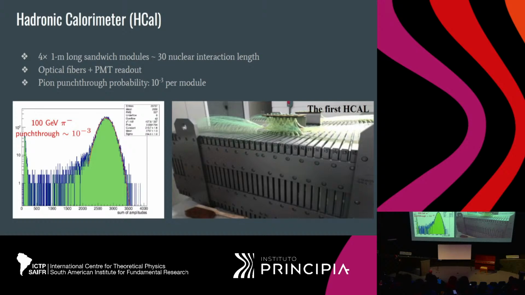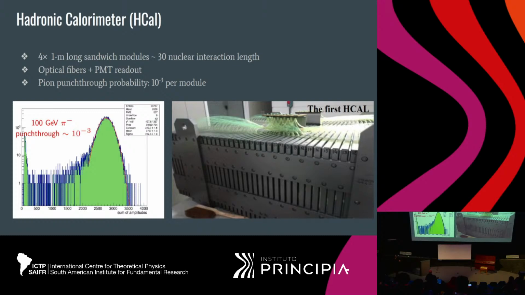But then you also have events where the pion does not undergo any hard interaction in the HCAL, and therefore it only leaves an ionization track. This is a dangerous event, because if instead of a pion this was a neutron, for example, you wouldn't even have this ionization band.